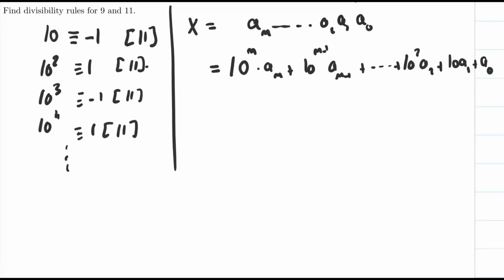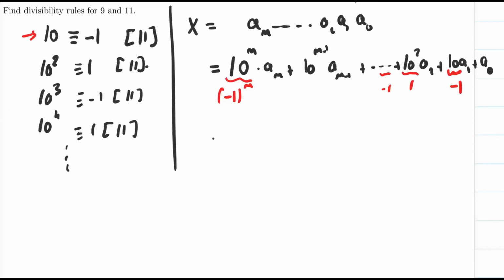And now 10 is negative 1 modulo 11. 10 squared is 1 modulo 11, and 10 to the power 3 is negative 1, and so on and so forth. So what's 10 to the power n modulo 11? Well, if 10 is negative 1, then 10 to the power n is negative 1 to the power n.